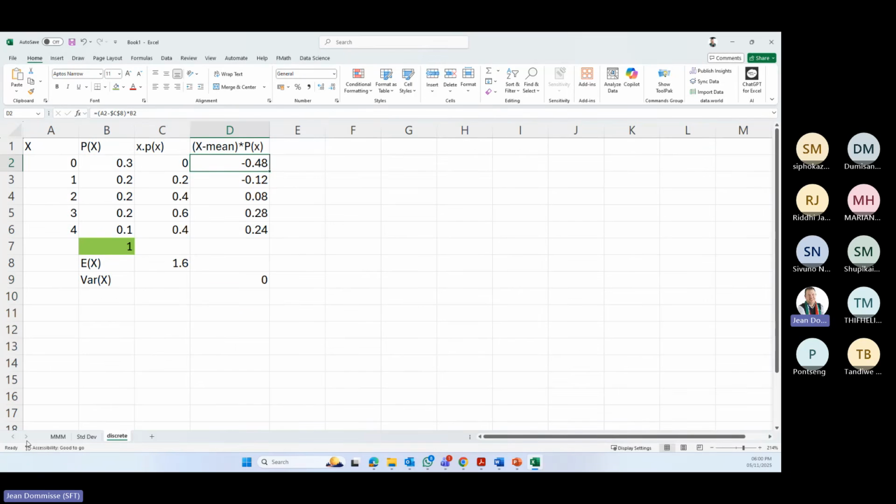So let's quickly just make 100% sure what that formula is. So variance for discrete, I'm just quickly doing a Google search.